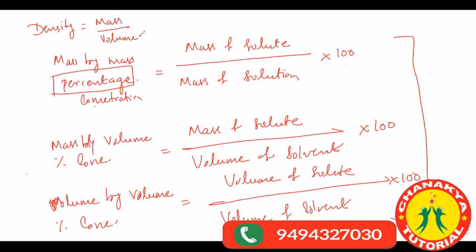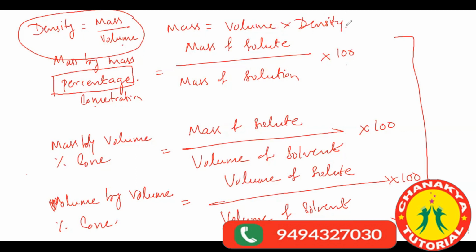If quantity is given in volume and density is given, you can convert the volume into mass using this formula. Density is equal to mass upon volume. So how can you convert it into mass? Mass is equal to volume into density, because the volume here is divided, it goes there and becomes multiplication. Correct?